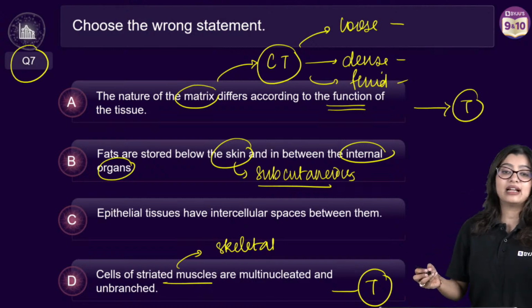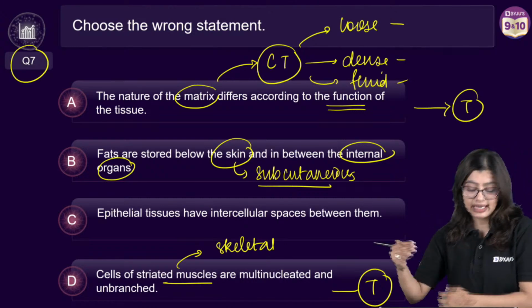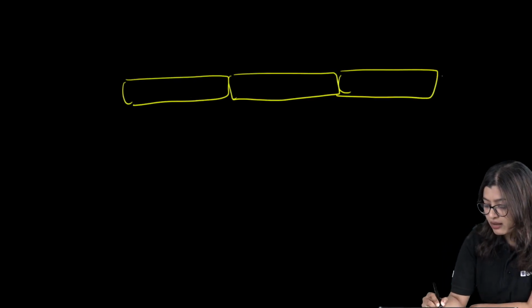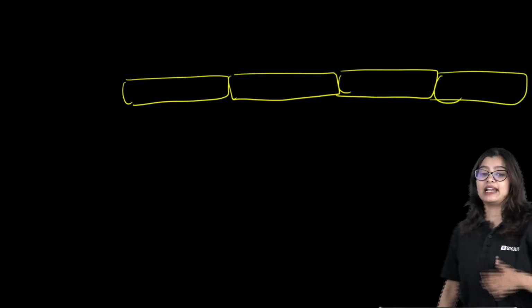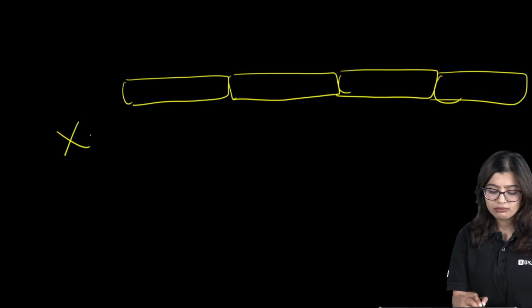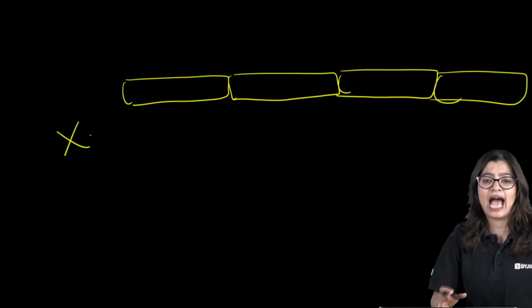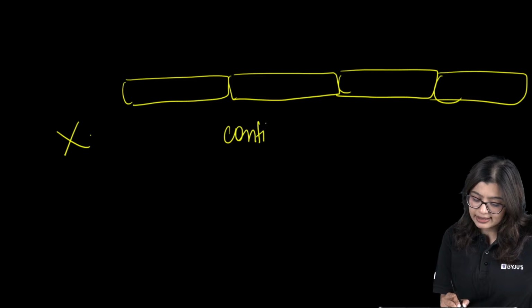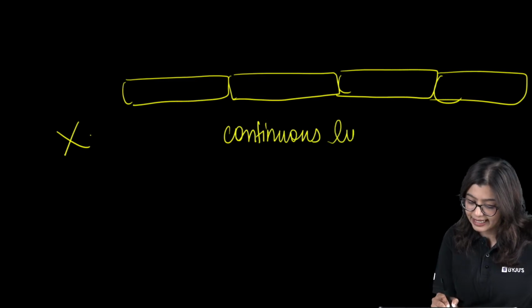But epithelial tissues have intercellular spaces. Do epithelial tissues have spaces between them? Yes or no? No. In epithelial tissues, I always tell you it is a continuous lining.